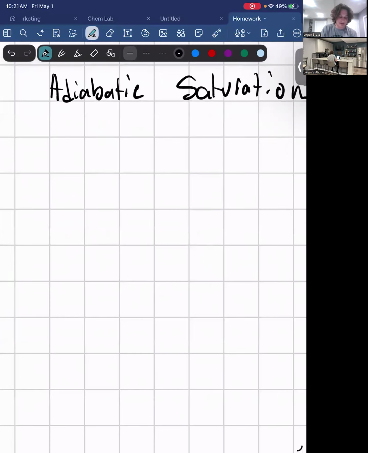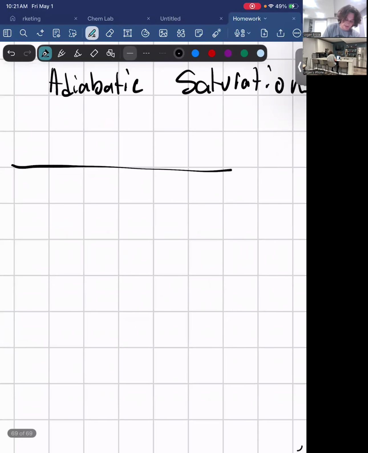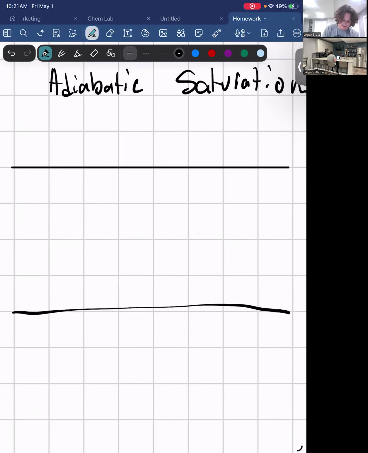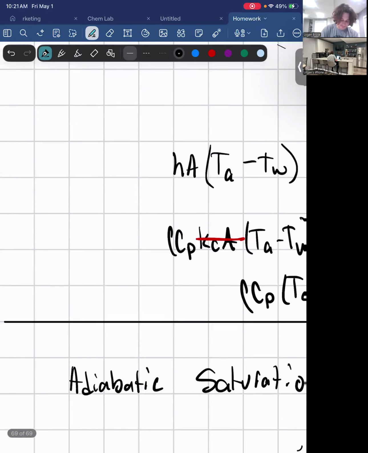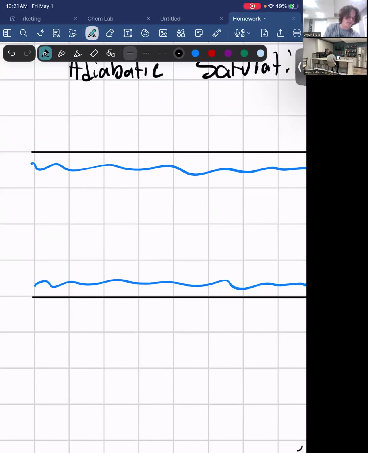But when we're looking at adiabatic saturation temperature, we have a tube here, and we'll say that water is lining the walls, but it's not filling the tube. So we'll have air flowing through the middle, and this will be at T air 1.